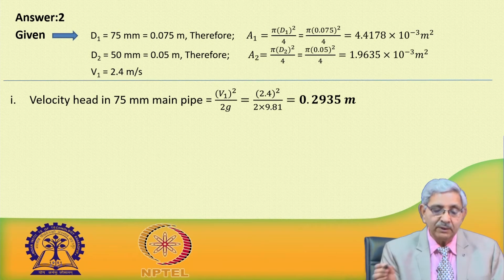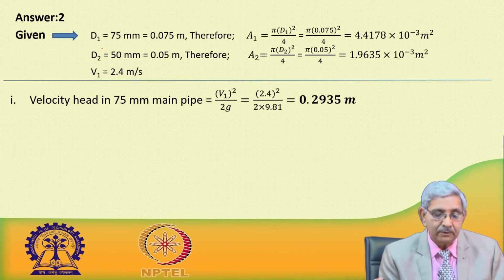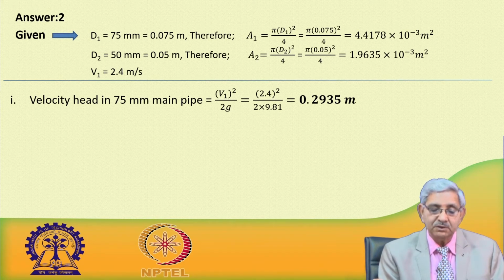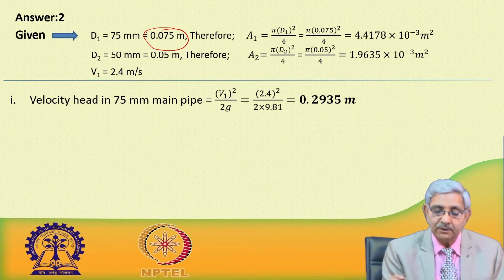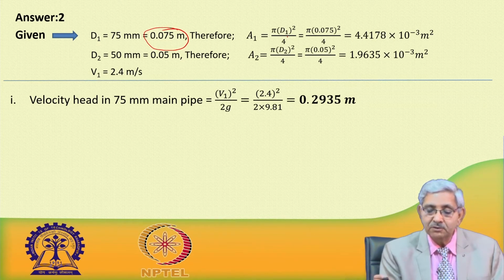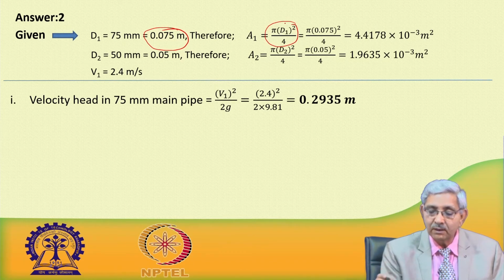So, we are given these two diameters. From these, the diameter of the main pipeline is 75 millimeter, which is nothing but 0.075 meter, and for this diameter, the area of cross section is pi by 4 d1 square.